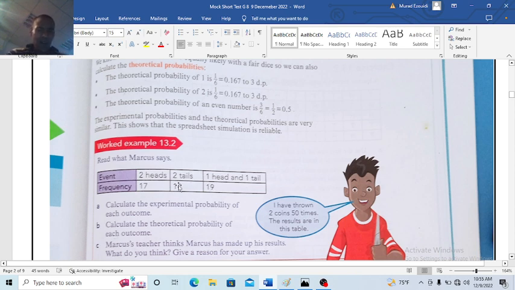If we suppose that here we have an exercise, I have thrown 2 coins 50 times. The results are in this table.